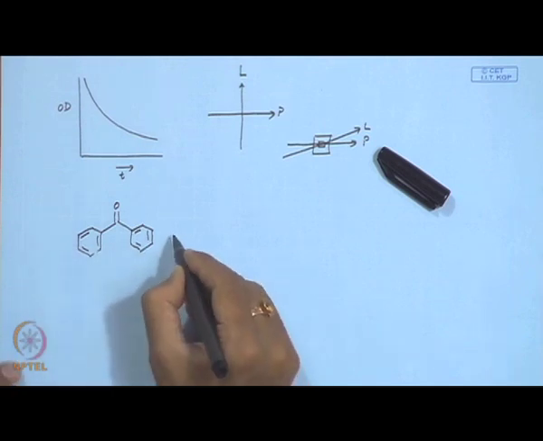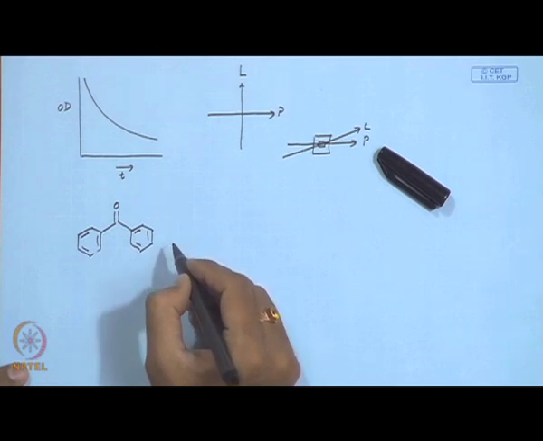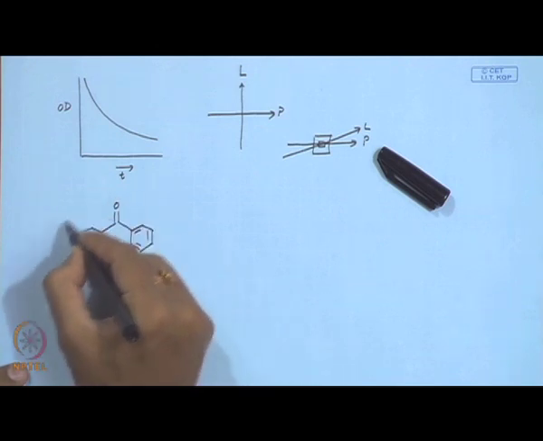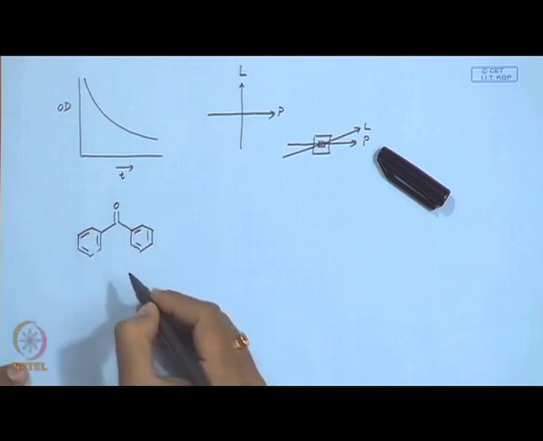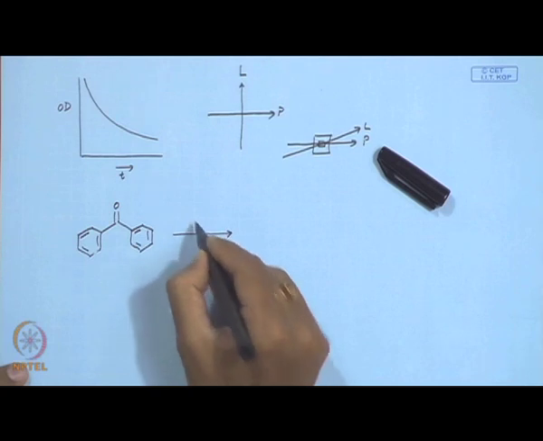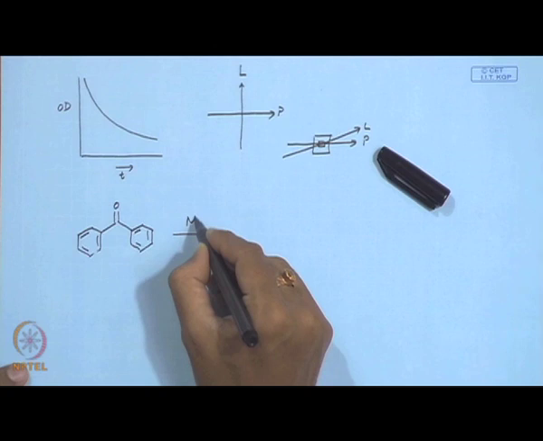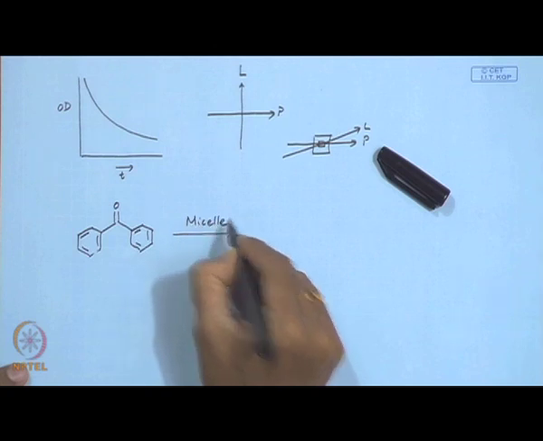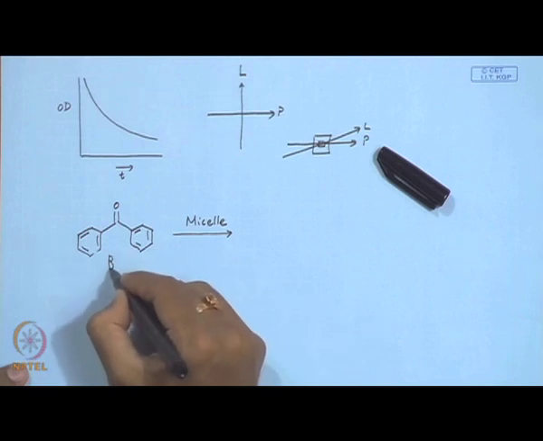Okay. So, what happens in a micellar medium, if we solubilize this benzophenone in say a CTAB micelle or maybe an SDS micelle. So, it gets solubilized. So, micellized benzophenone.